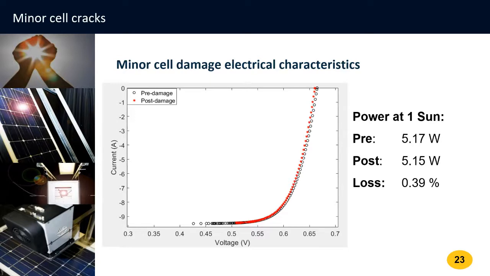Could this deviation be due to the induction of some form of defects within the cell? Possibly, but once again, it is so insignificant, I don't think it played any role. If we compare the power at 1 sun for this cell, it produced approximately 5.17 watts, post 5.15 watts. So the net effect is only 0.39%.